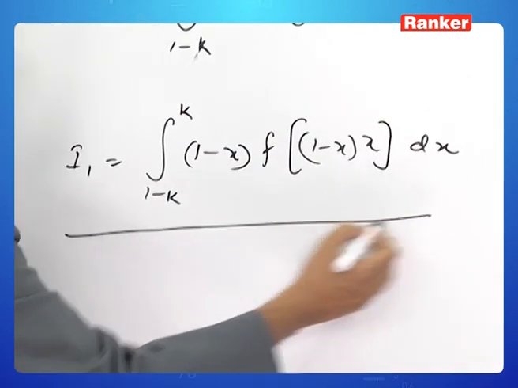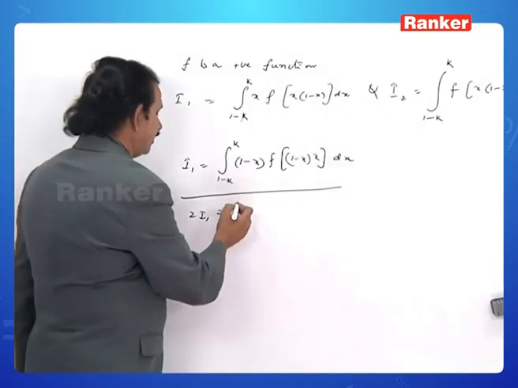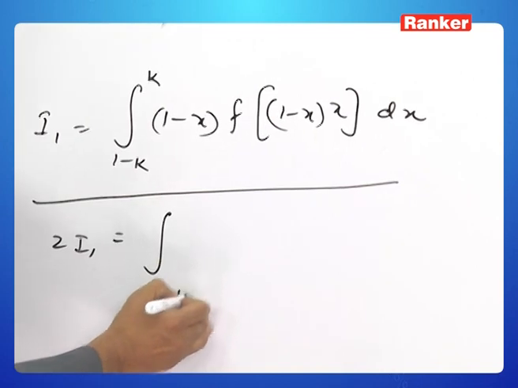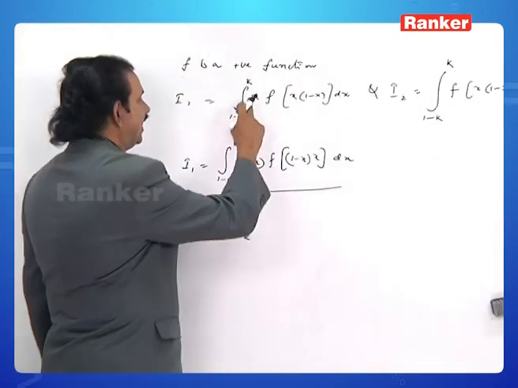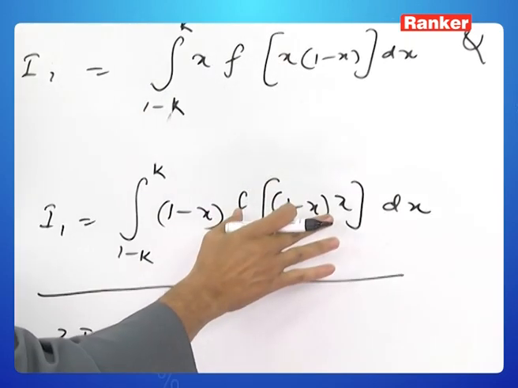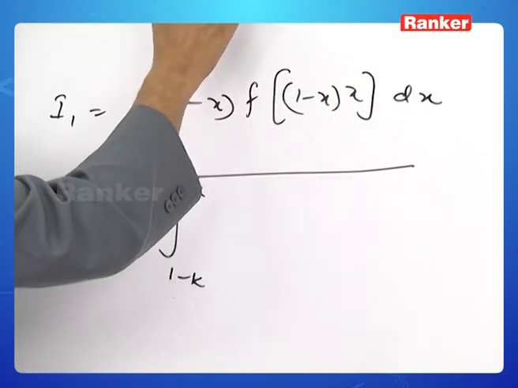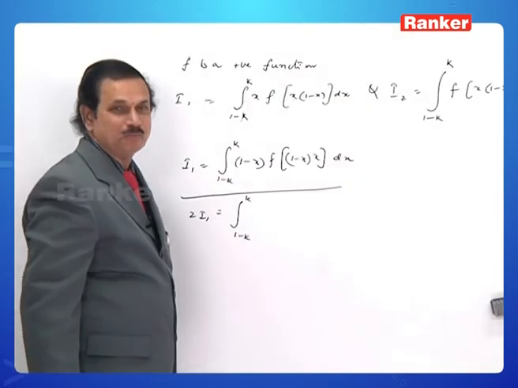Well, this is I1, this is I1. I like to add these. 2I1 is equal to integral 1 minus k to k. Come on friend, if you add these two functions, you get f of x into 1 minus x as a common factor, you have x plus 1 minus x.